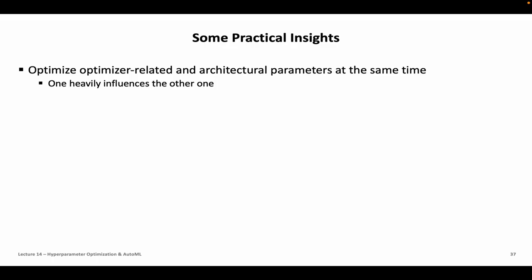So to not just do neural architecture search or classical HPO, but actually fuse those two things together, because often they heavily influence one another. So you won't get the joint benefits of running both things at the same time if you choose to do this differently.